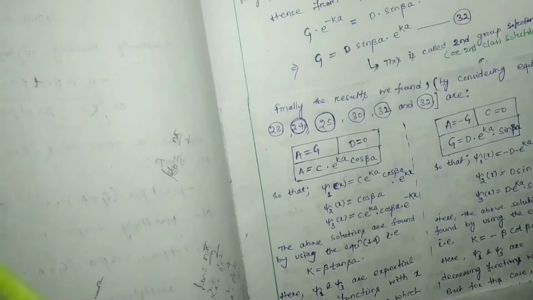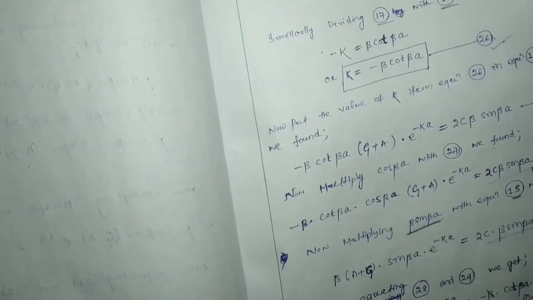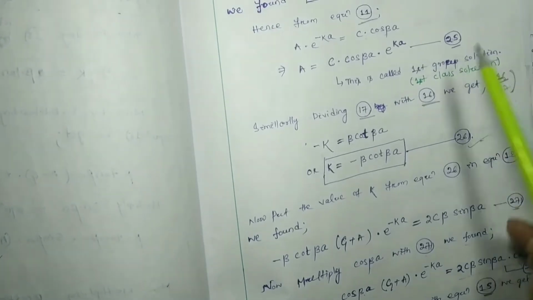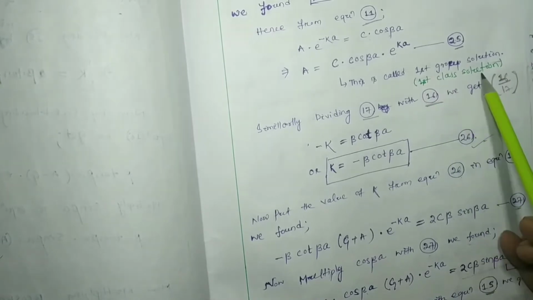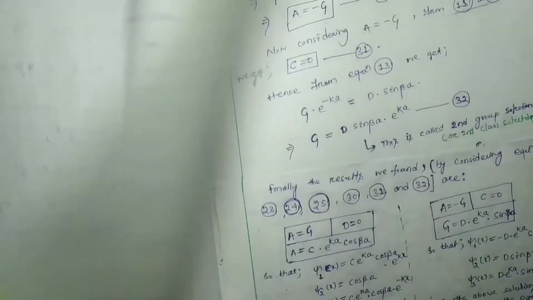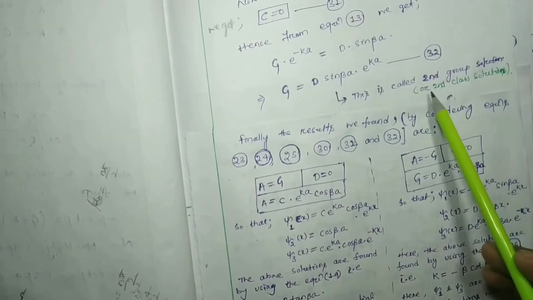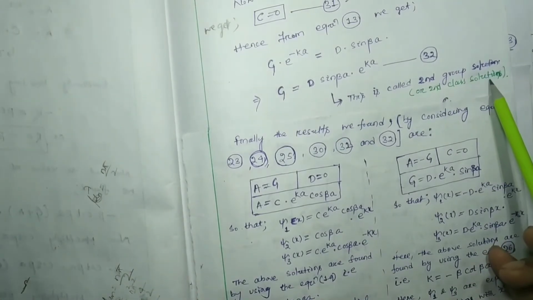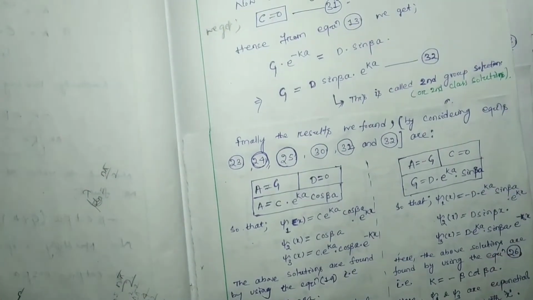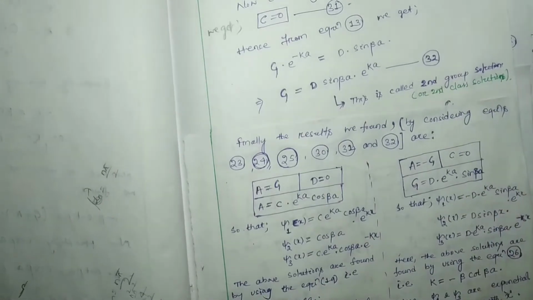Equation 25 belongs to the first group solution, which some books call the first class solution. Likewise equation 32 is considered the second group solution, or second class solution. You can write either in your exam.